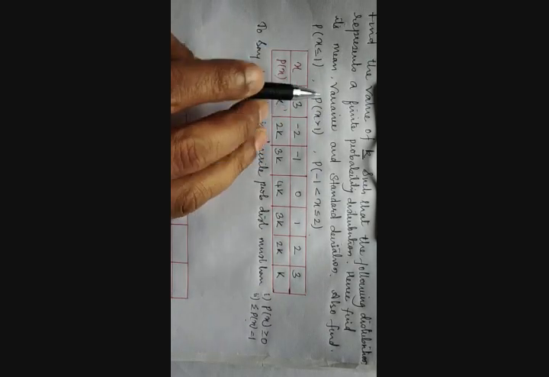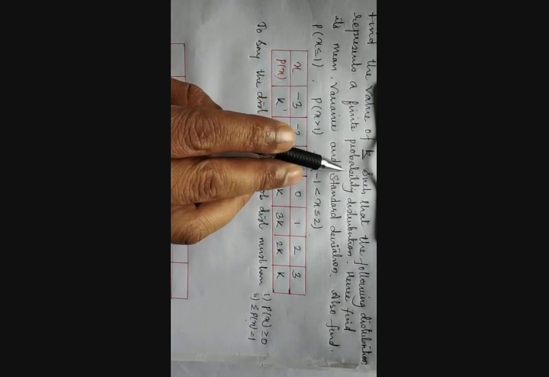But in this case, the value of k is unknown. When we have an unknown value of k, it is difficult to check these two conditions. Then we need to go with assumptions. What do we need to assume? Because already they said this table represents a finite probability distribution.